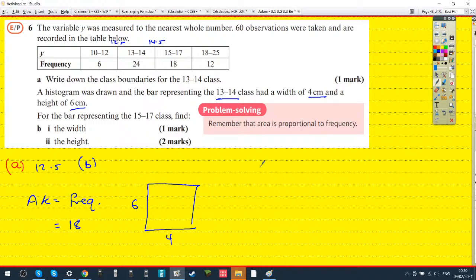So what's the area? 24. And so 24k gives you 18. So you divide by 24 on both sides, which gives 3/4, which is 0.75.